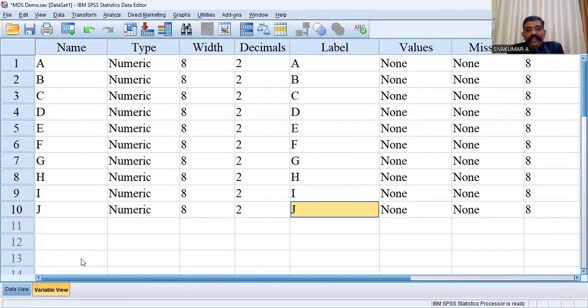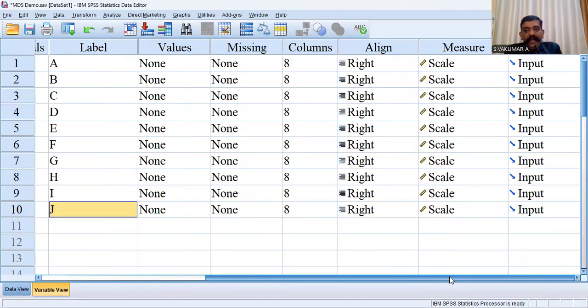Here you can see the SPSS screen. First of all, you have to enter the variable view. In the variable view, you can see 10 objects. I have already told you that the 10 objects may be different names related with toothpaste or cars or buses, etc. I have taken the 10 objects in scale.